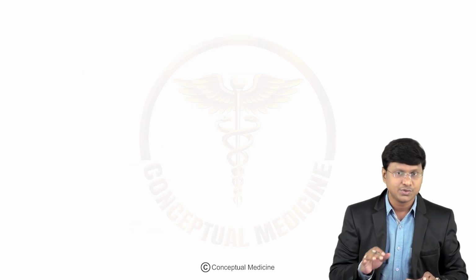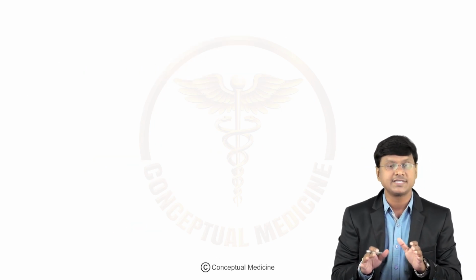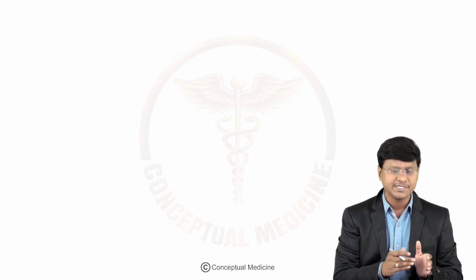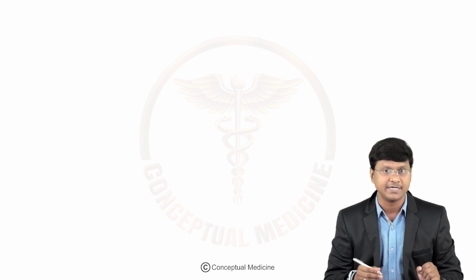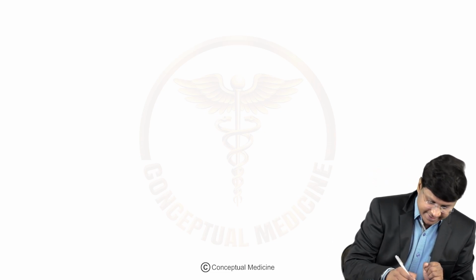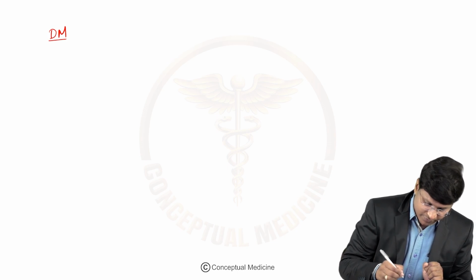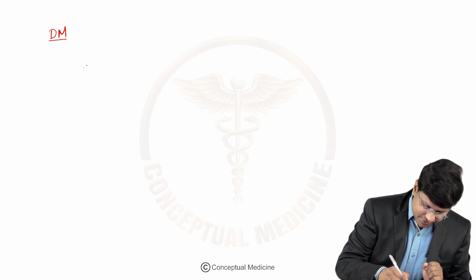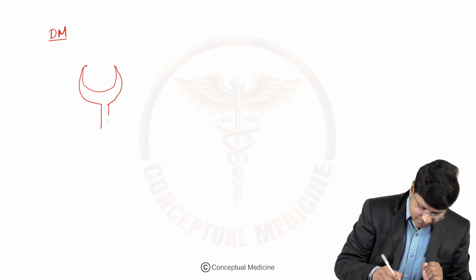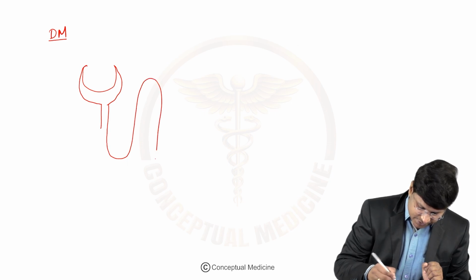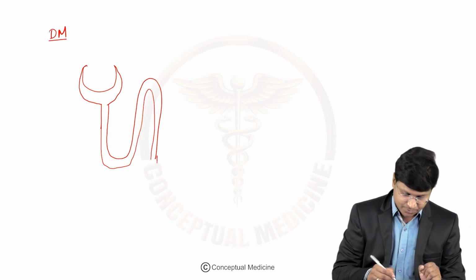Now for this, to understand, you should understand the concept in diabetes mellitus, and the same concept we can apply even in case of the hyperaldosteronism as well. So first, let me explain you in diabetes mellitus what will happen. You see here, this is the Bowman's capsule, which is continuing down as a tubule.